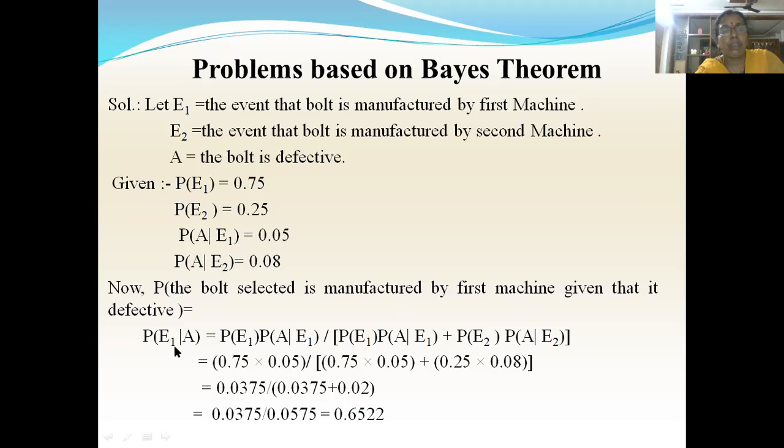That is P of E1 given A. So applying Bayes' theorem, this will be P of E1 into P of A given E1, divided by P of E1 into P of A given E1 plus P of E2 into P of A given E2, which is the summation. Substitute the probabilities here. After simplification, you will get the probability as 0.6522.